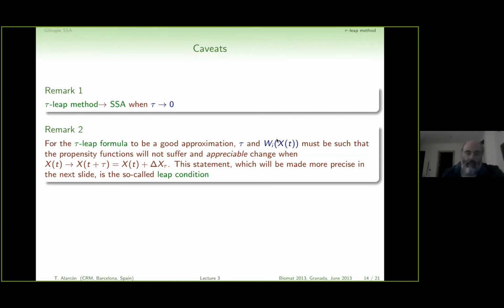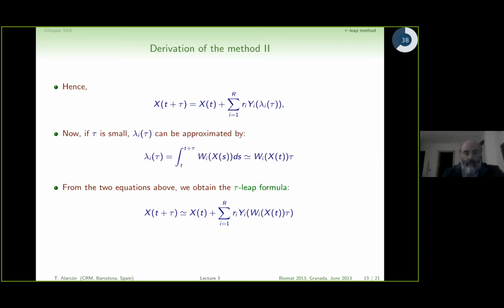This statement, which we will make more precise in a minute, is the so-called leap condition. Basically, we need to make sense of this approximation, and make sure that it is not a terrible one.